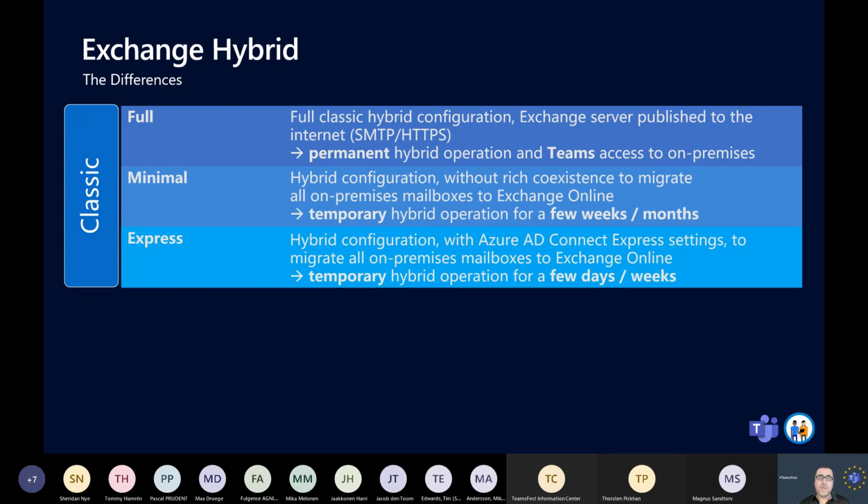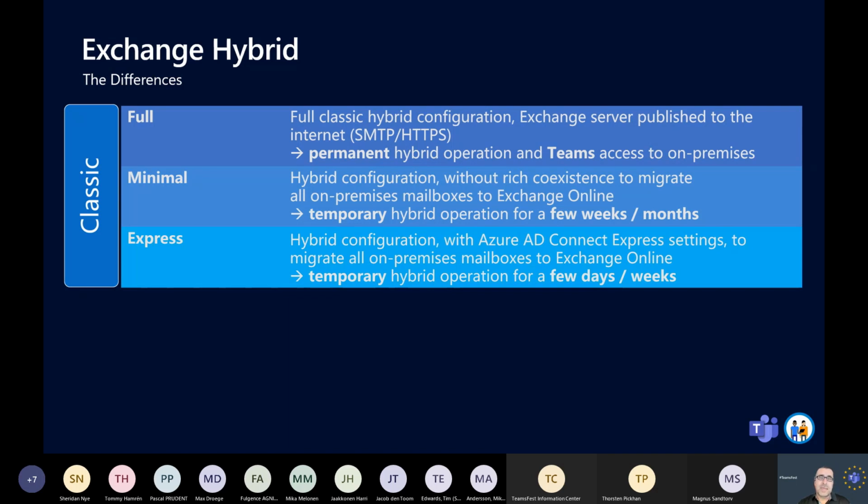The same is true for the Classic Express. Classic Express goes even further because it's a temporary hybrid operation model for just a few days or weeks, so that it is supposed to be used when you want to migrate a small Exchange organization to Exchange Online.